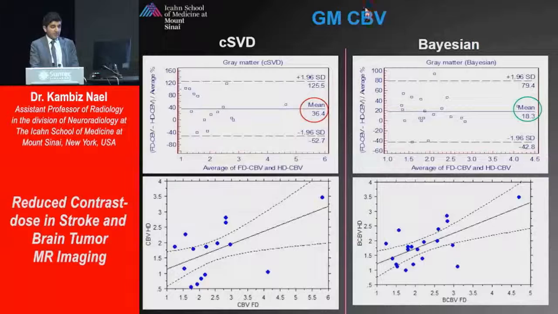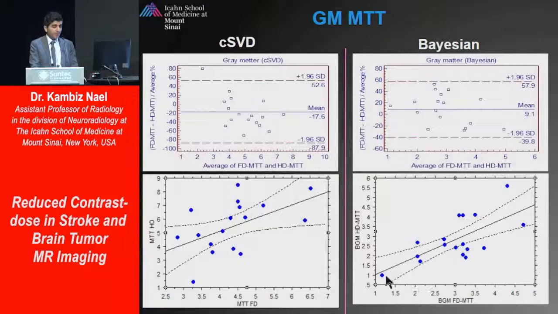We looked at cerebral blood volume, again significantly lower mean difference between full dose and half dose compared to CSVD, and better correlation between the two. And when looking at mean transit time, again, less mean difference between the two, and better correlation.